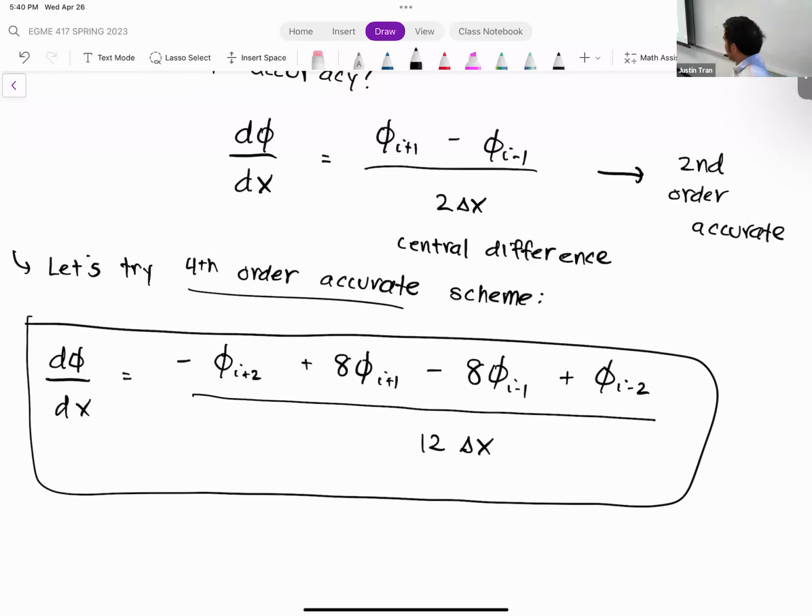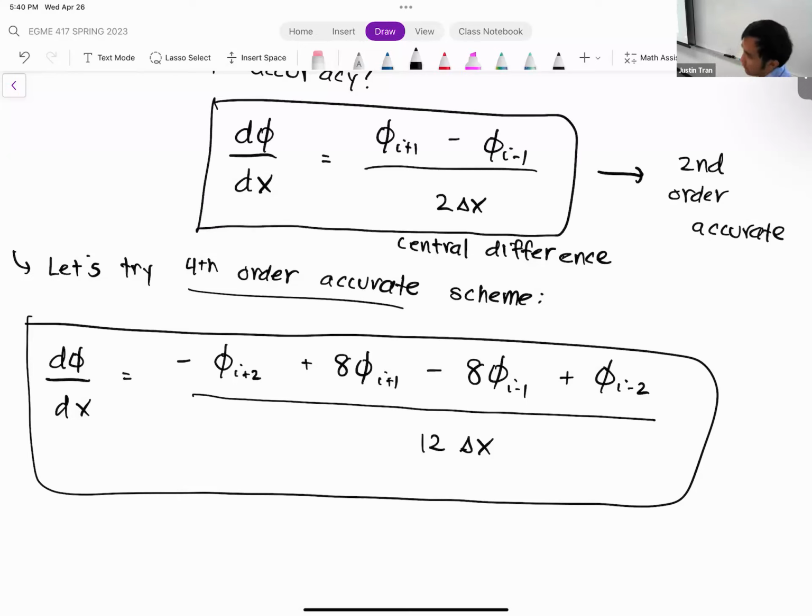So this right here is fourth order accurate. And you can kind of see why. If you compare that to our usual central difference, obviously, the first thing that you see is that it's a lot bigger. There are a lot more terms involved in this expression here.